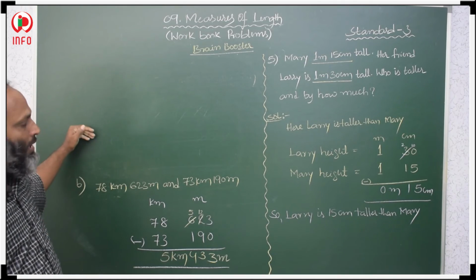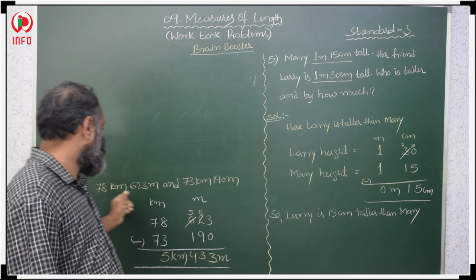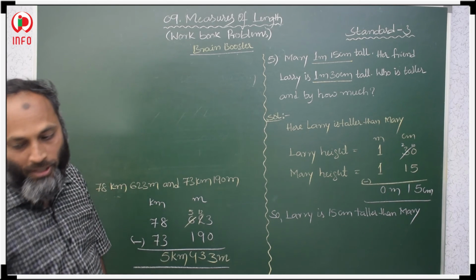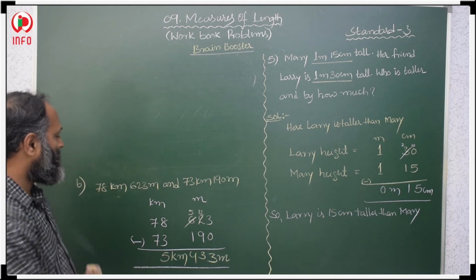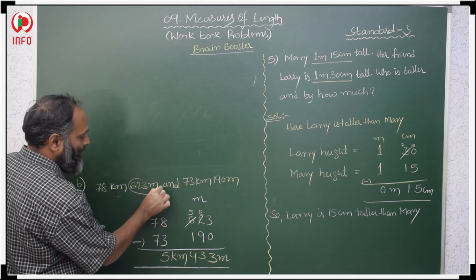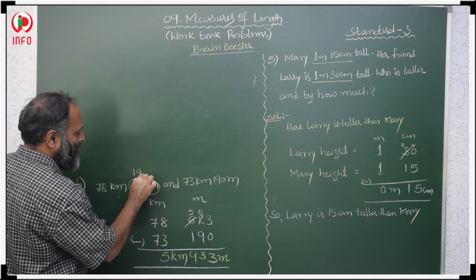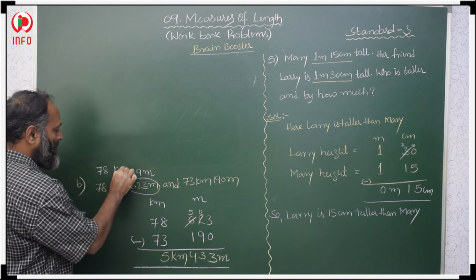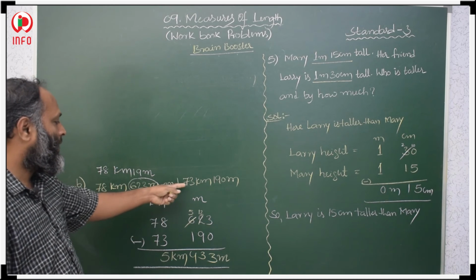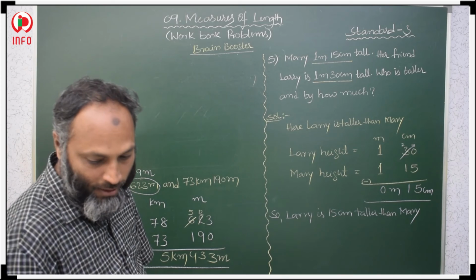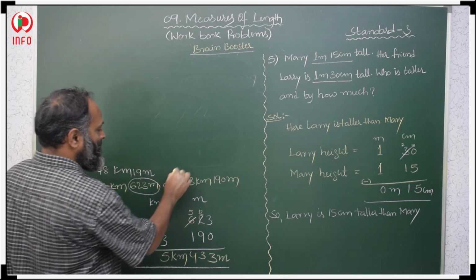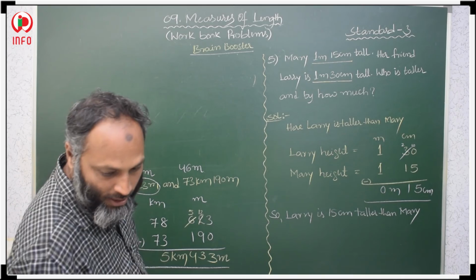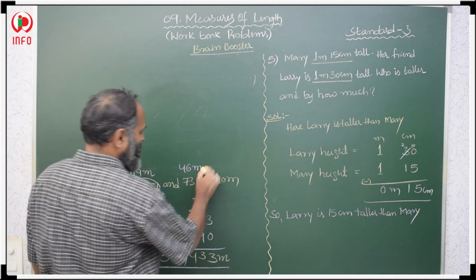Here see in this fourth question, B question, 78 kilometers 623 meters we took here. So, do not take 623, here 19 meters is given. Here 78 kilometers 19 meters you have to take, and the second one, he has given 46 meters and 5 centimeters.